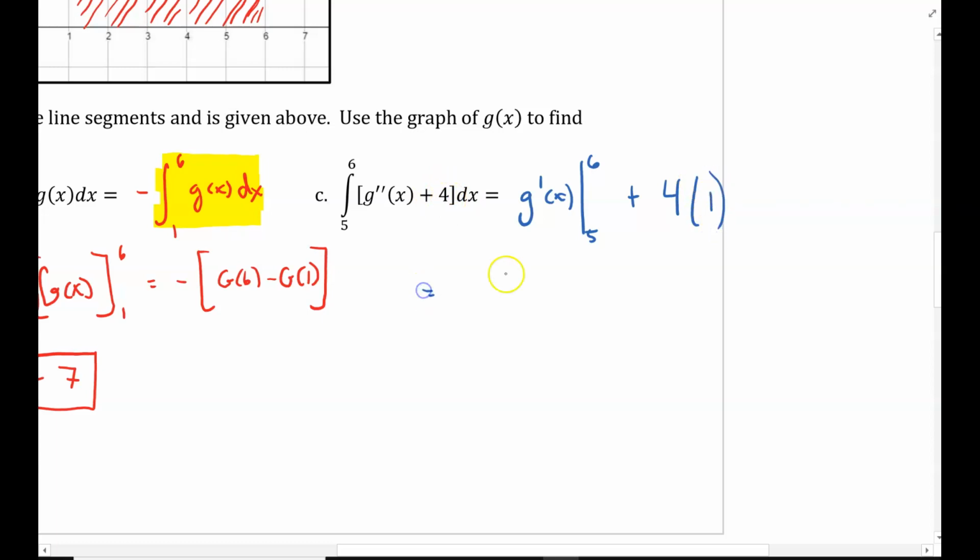Okay, so now I have g prime of 6 minus g prime of 5. Remember, it is always top limit minus bottom limit, plus 4.